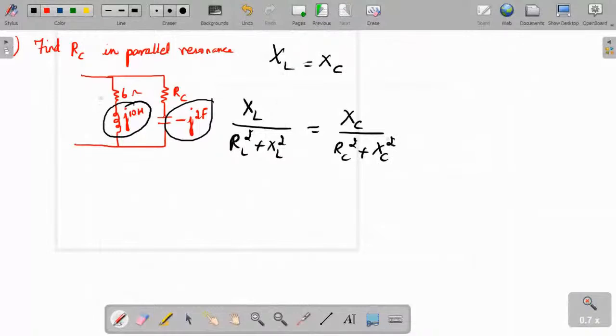நான் இதை RL னு சொல்றேன், இது RC, here XL and XC. So just substitute, direct impedance reactance value கொடுத்ததால just substitute.